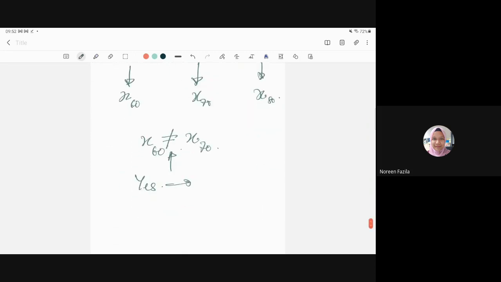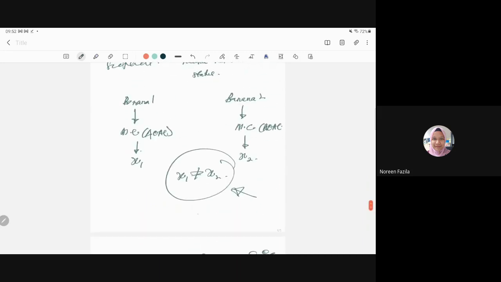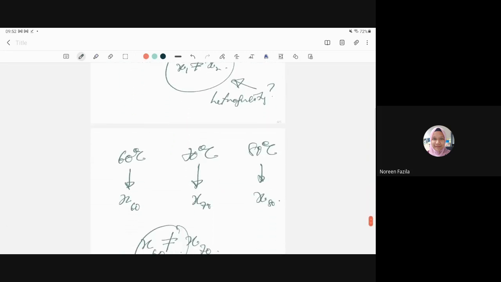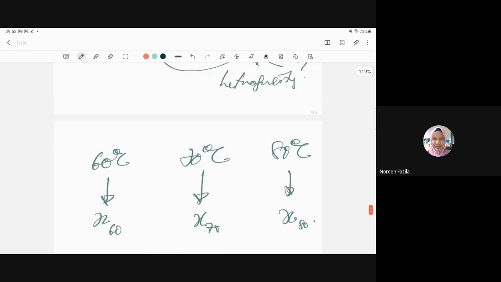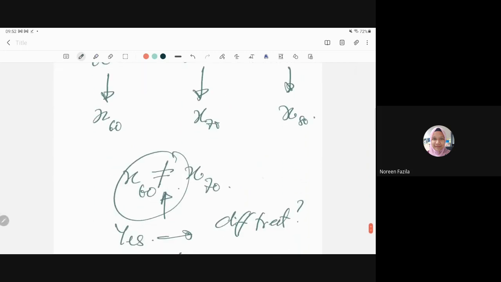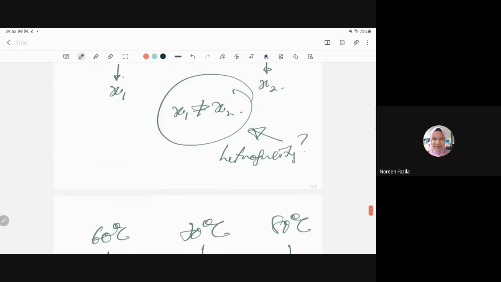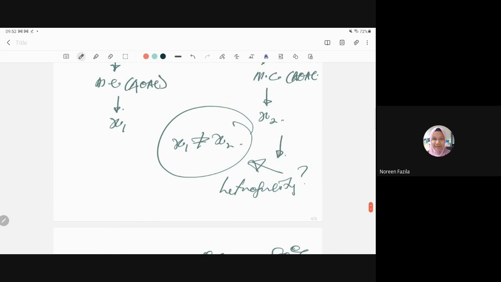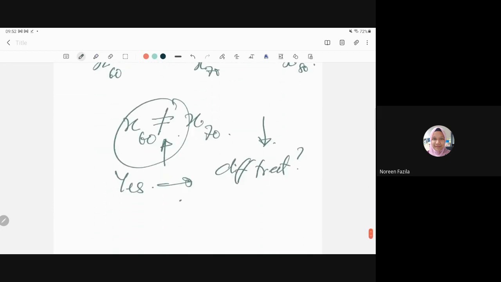So when we get a difference over here, is it because of the different treatment or because of the heterogeneity? How do we know that it is because of the different treatment, or is it because of the heterogeneity?